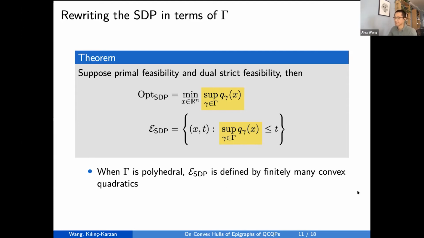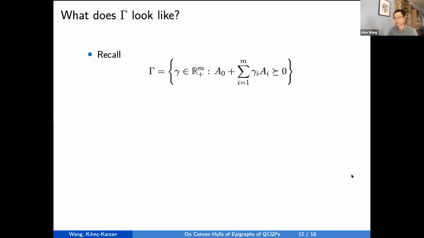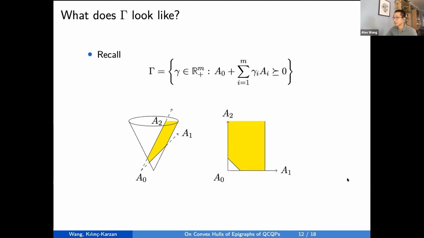So with that said, let me just show you some pictures of what capital Gamma might look like for different instances of QCQP. Here I've drawn an example where capital Gamma is polyhedral, and at the very least, this happens sometimes.